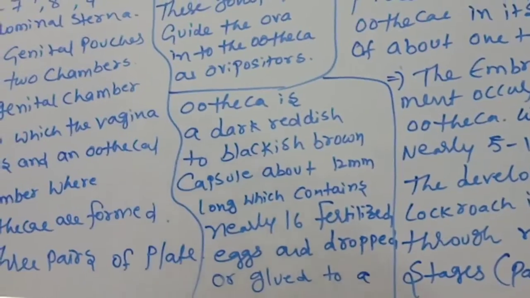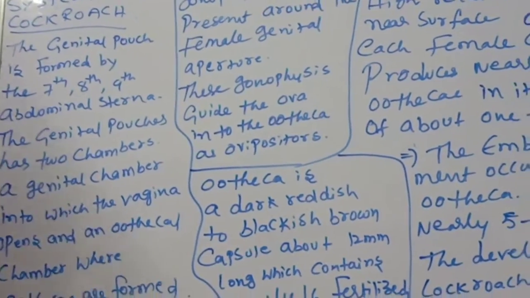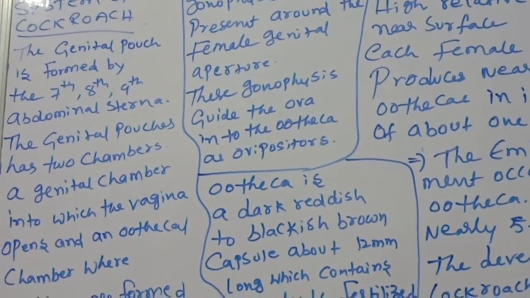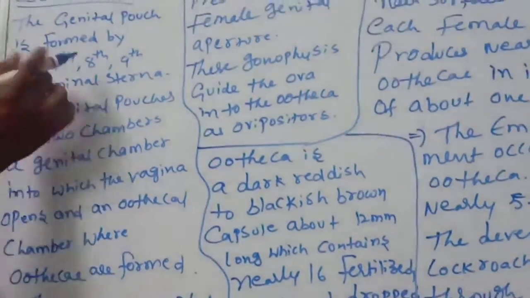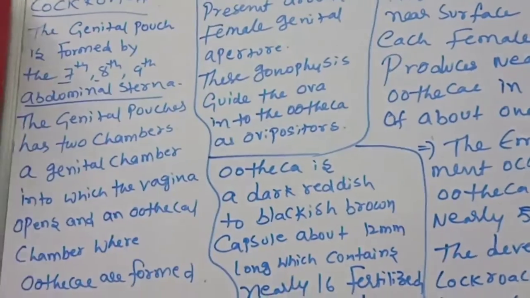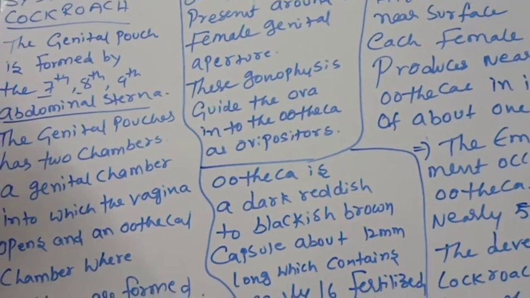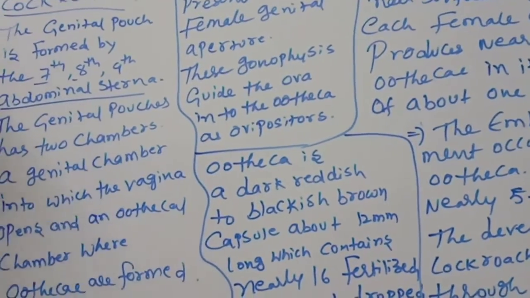Okay, observe very carefully. We are discussing the female reproductive system of the cockroach. The genital pouch is formed by the 7th, 8th, 9th abdominal sterna. You know, sterna, sternite. So, tergites, sternites, like that.